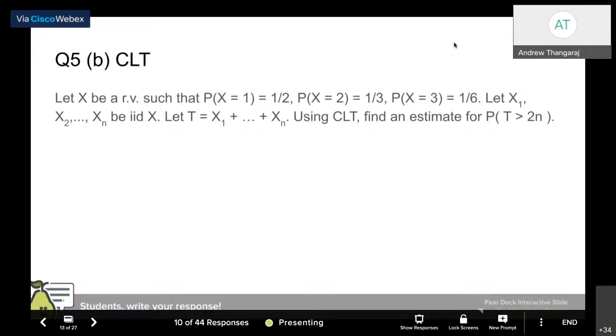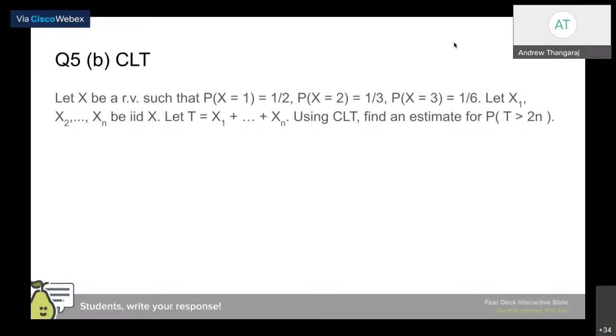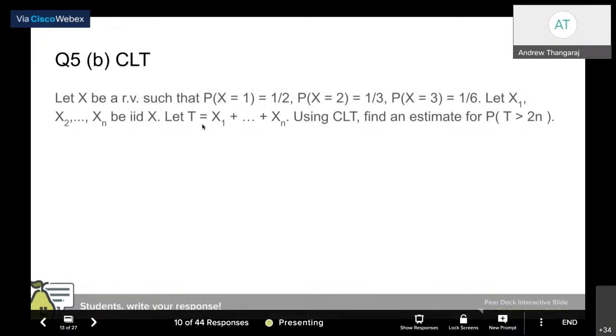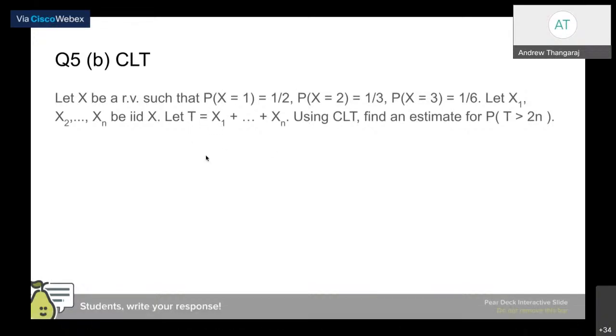So Harshita, you're asking about a general rule like that. I think it's dangerous for me to give you a rule like that. But the rule is, when I want to approximate t, which is some sort of a sum of n random variables, as a normal distribution, find the mean of t, find the variance of t, and simply say t is approximately normal with that mean and that variance.